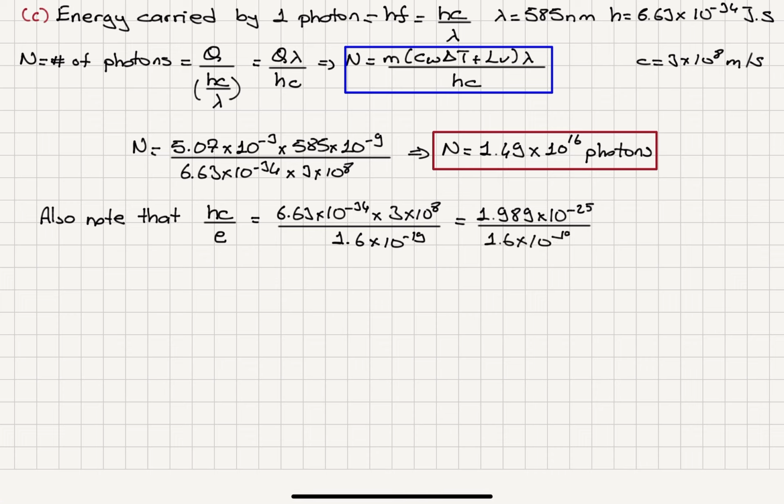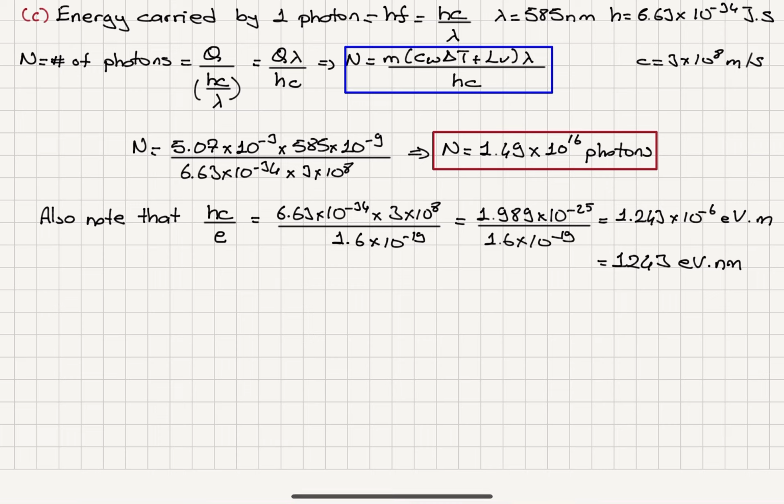This gives me 1.243 times 10 to minus 6 electron volts times meters, which is 1243 electron volts times nanometers.